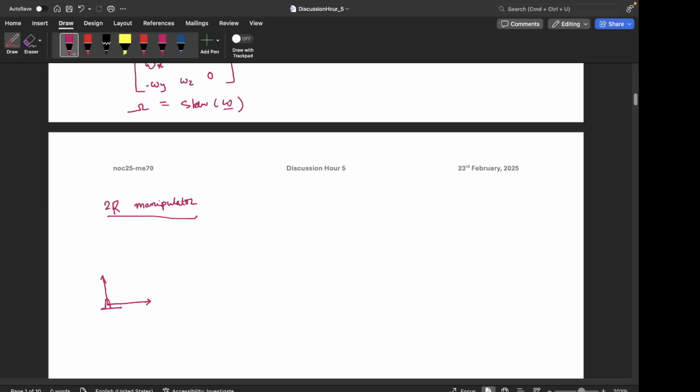This is the convention which I will follow in this entire discussion hour. So I will just draw this figure with all the frames once here, and we will keep referring to this convention throughout the discussion hour.